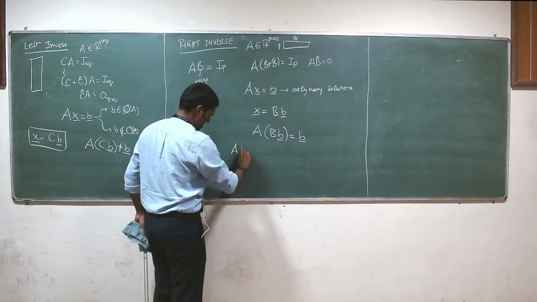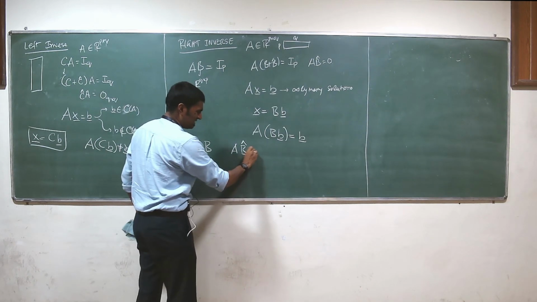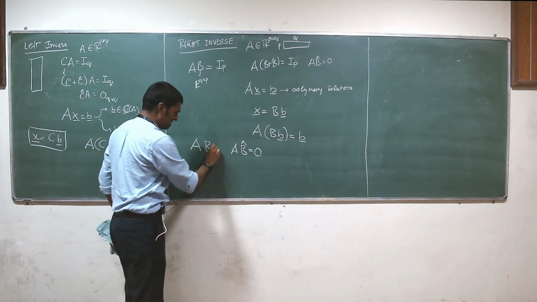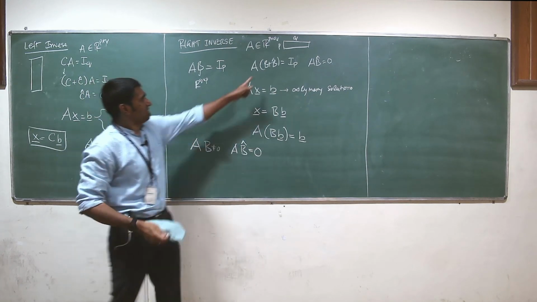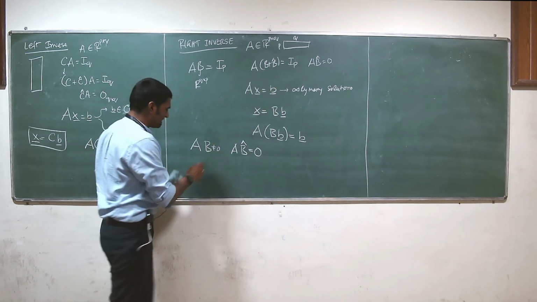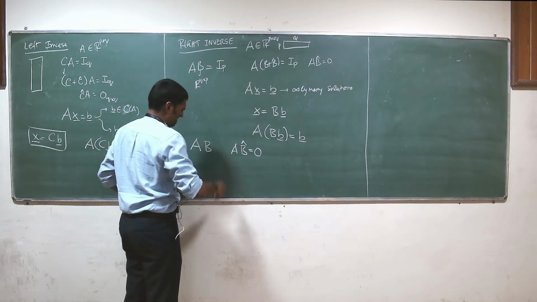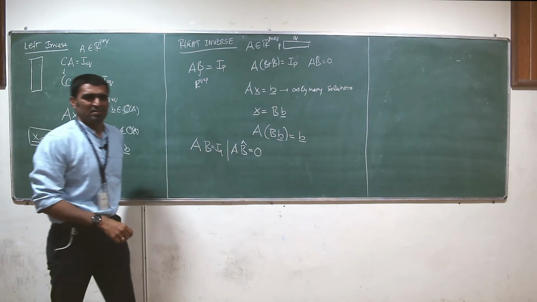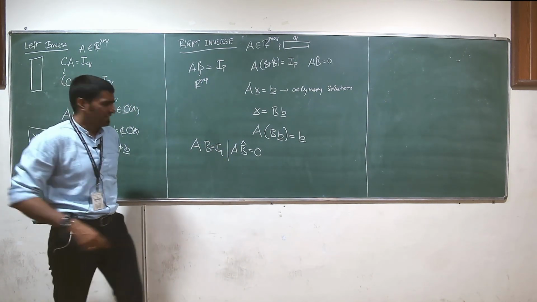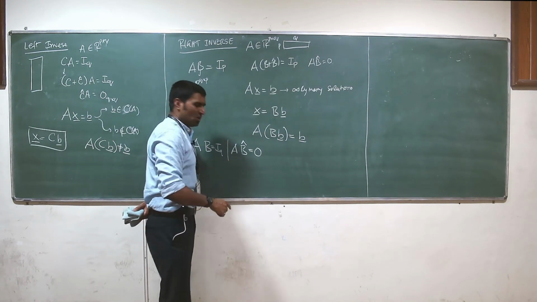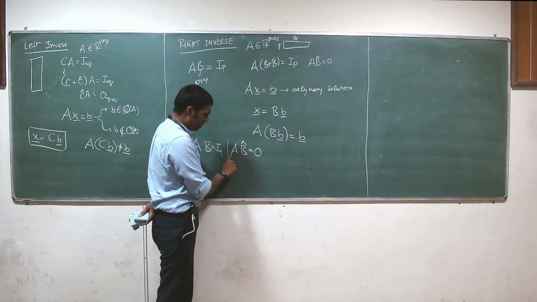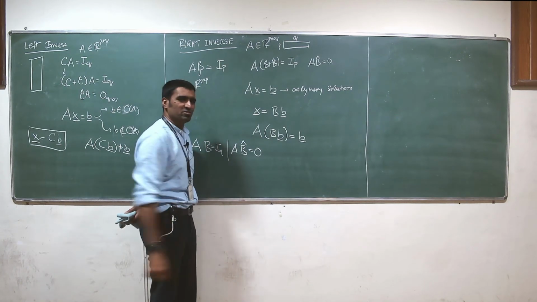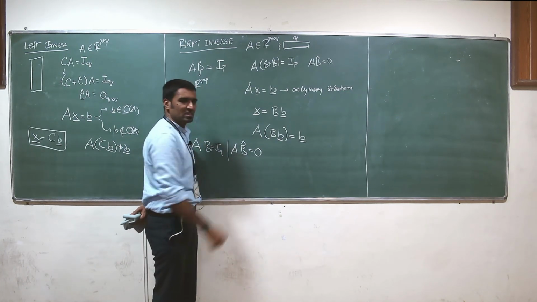We choose B cap such that this is always 0, and this is the way it's written here. If that is the case, what can we say about the rows of A and the columns of B? Or what can we say about the columns of B if A times B cap is 0?